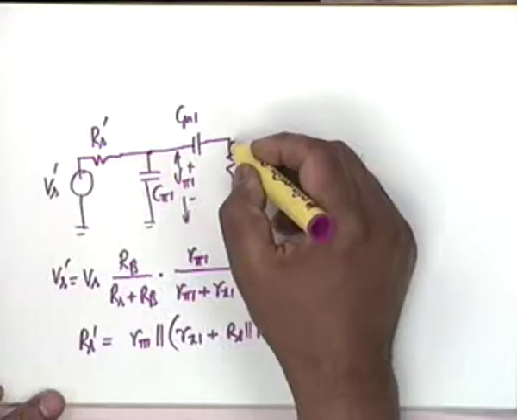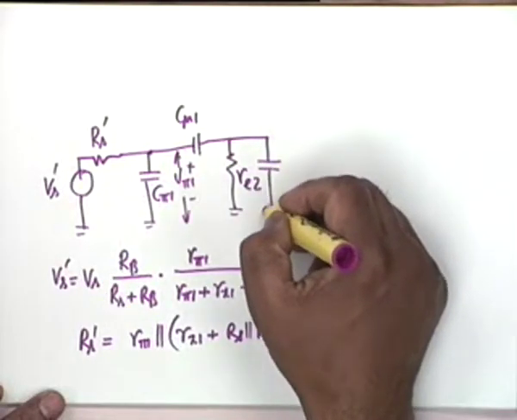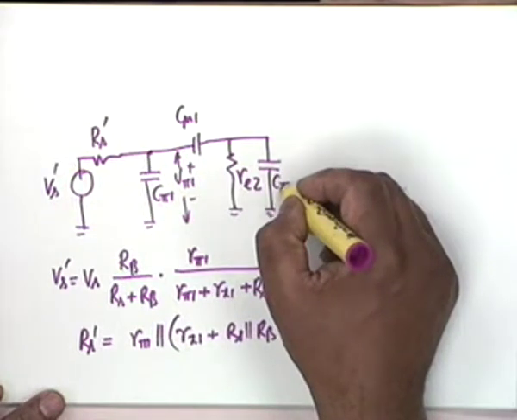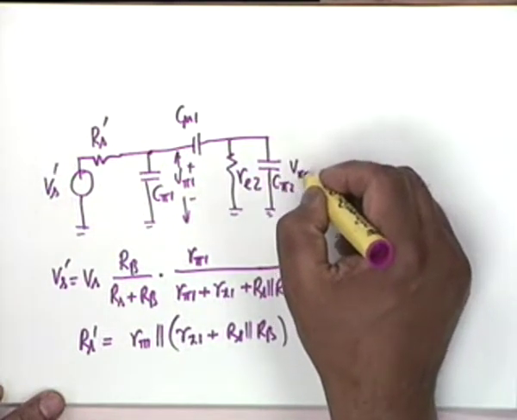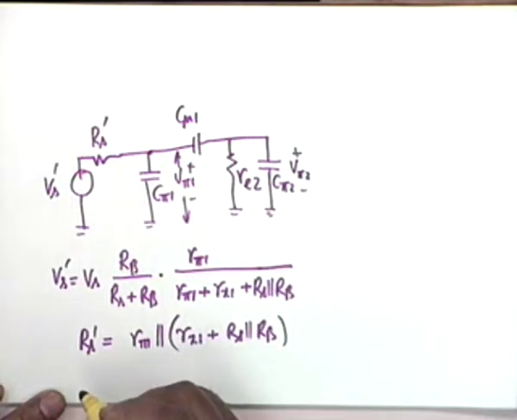Re2, and then I have C pi 2, and this voltage is V pi 2. The control current source has been taken account of by the resistance 1 by GM2, which was absorbed in Re2.